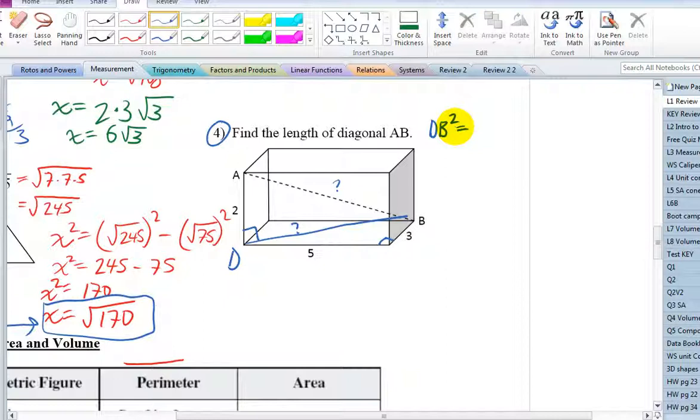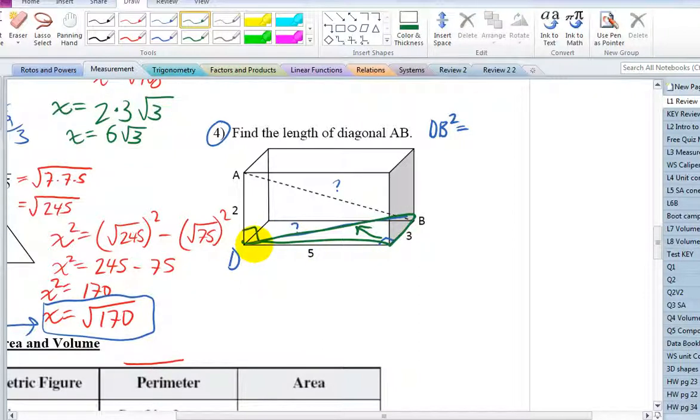Looking at the bottom triangle, is DB the hypotenuse? Gagan, what do you think? Do you think it's the hypotenuse? Yeah, it is, right? Because here's 90 degrees. That's the opposite side. Okay, your triangle that we're talking about right here is right on the bottom.